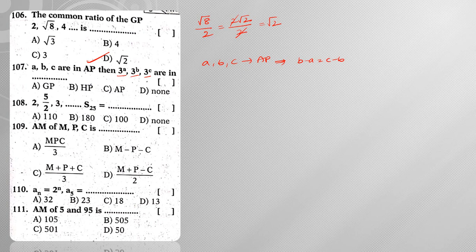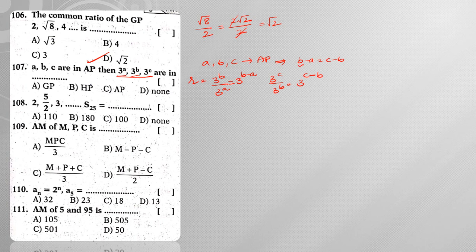Suppose I take the common ratio of these, then I can write 3 power B by 3 power A, and for this 3 power C by 3 power B. We know 3 power B by 3 power A can be written as 3 power (B minus A), and 3 power C by 3 power B can be written as 3 power (C minus B).